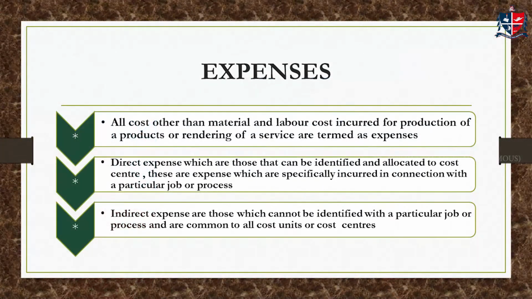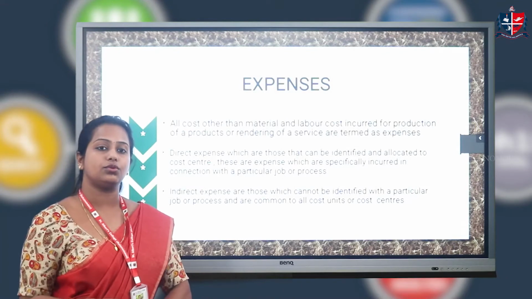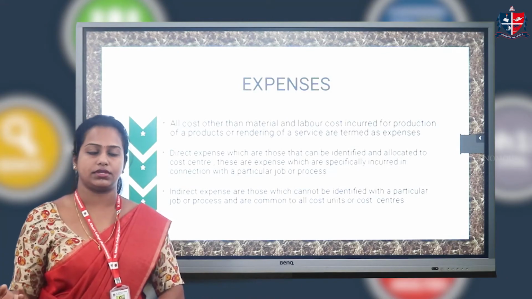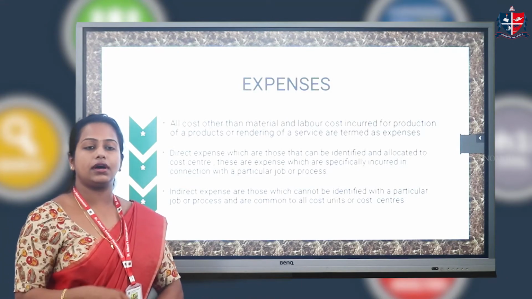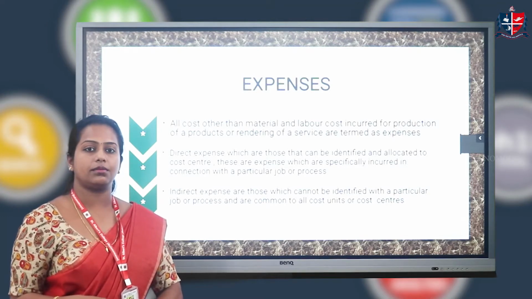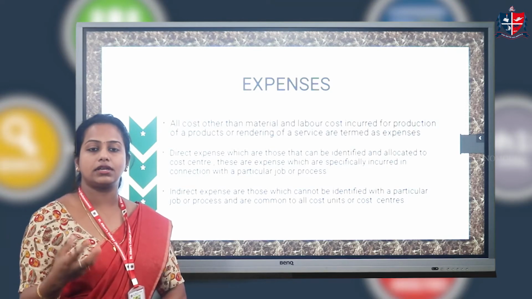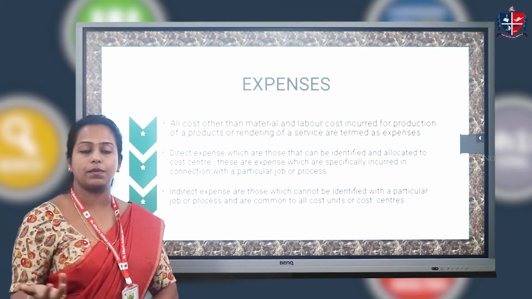Indirect expenses are those expenses which cannot be identified or allocated conveniently to a particular product or process. For example, among direct expenses we have royalty expenses, plant hire charges, or any equipment hire charges.